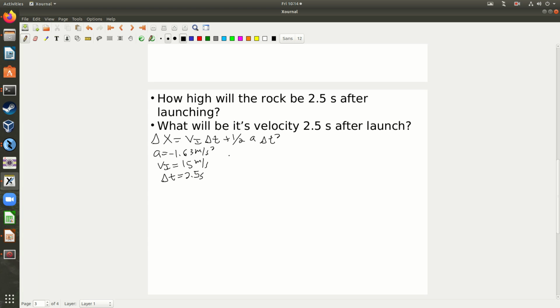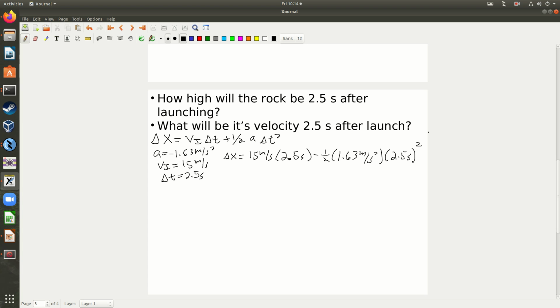So delta x is equal to 15 meters a second times the time of 2.5 seconds minus, I'm going to pull the minus out again, 1/2 of 1.63 meters a second squared times 2.5 seconds squared.